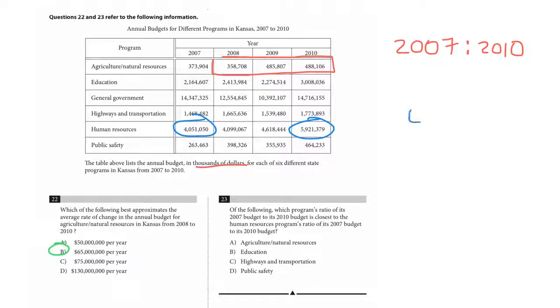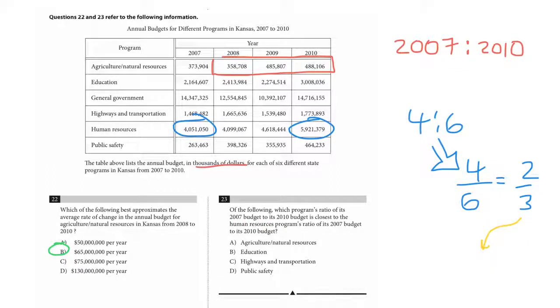So that's really 4 to 6. And if we were to represent that as a fraction, it would be 4 over 6. And very clearly we could see that that's 2/3, right? So that's one way of estimating the ratio of the human resources program from 2007 to 2010. It's 2 to 3.